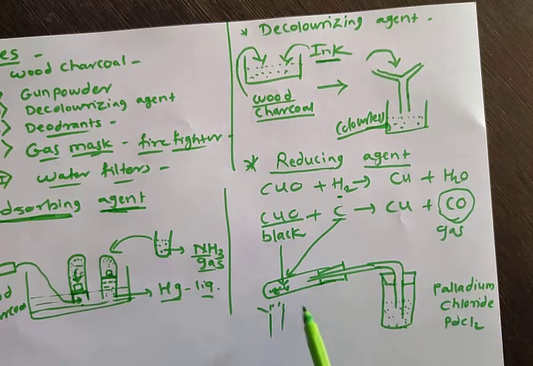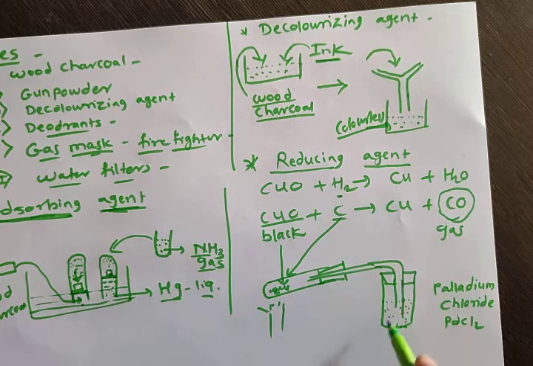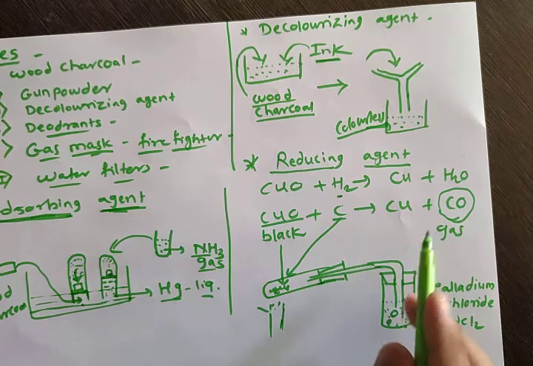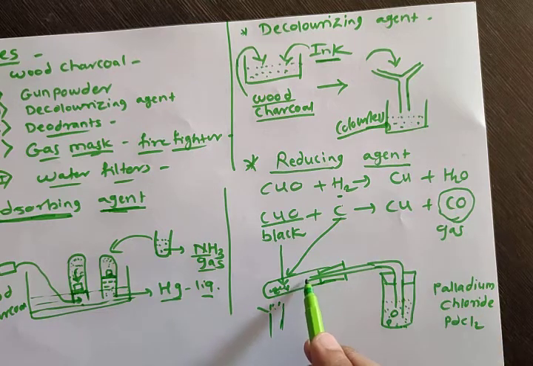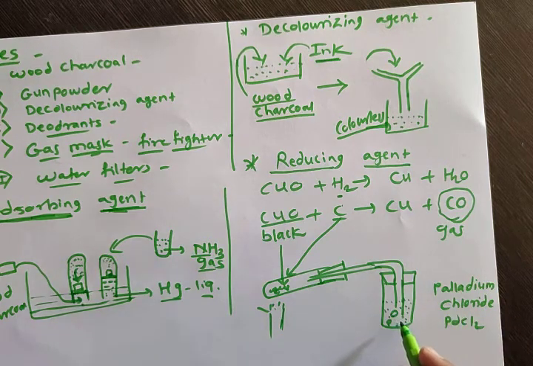So how will we know that it is produced? We will see bubbles here. After some time the carbon monoxide gas will go through the delivery tube into this liquid solution, so bubbles will be produced.